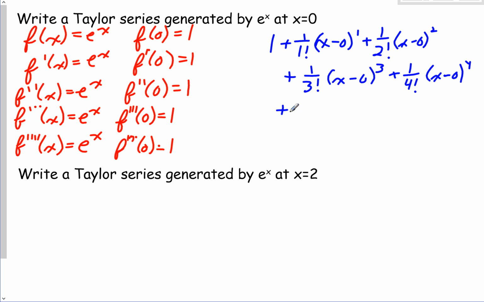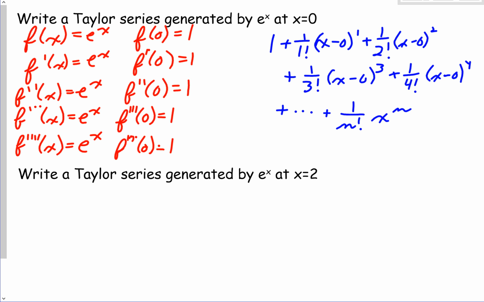And as this keeps going, it looks like my general term is going to be 1 over, so this is over 0 factorial, which we define as 1, then 1 factorial, 2 factorial, 3 factorial. So I see it's 1 over n factorial times x minus 0, which is just x, raised to the n power.